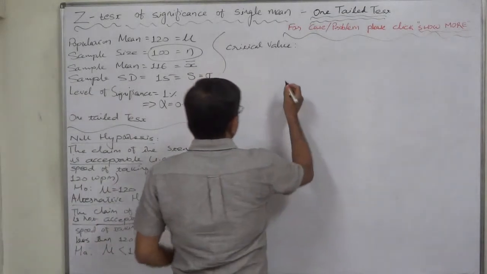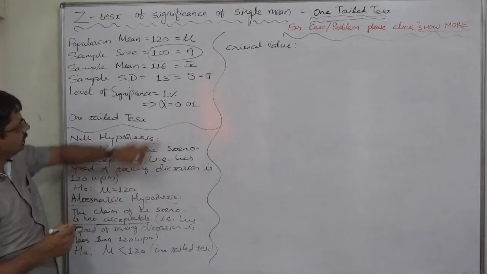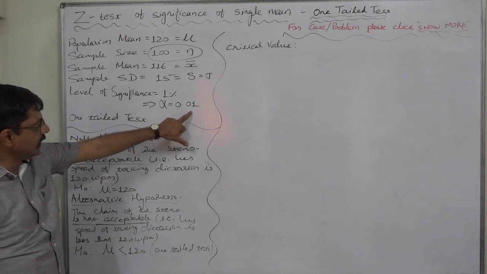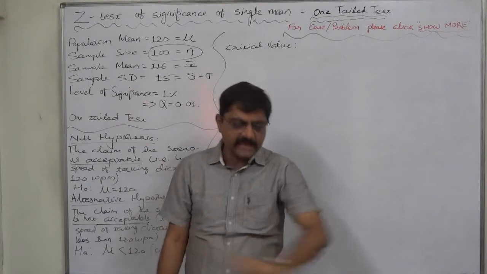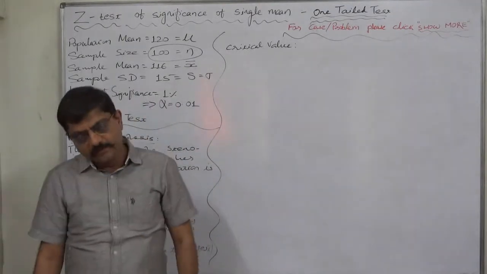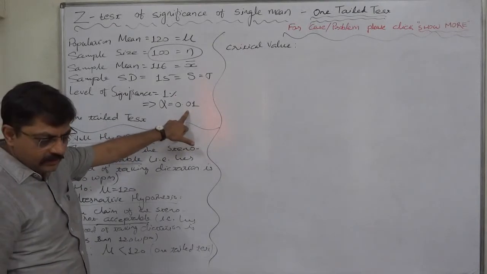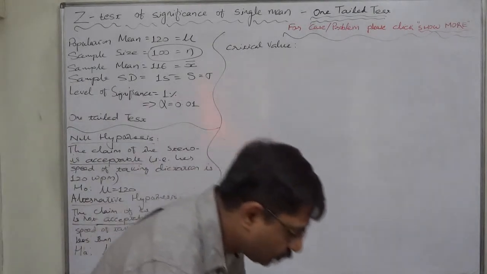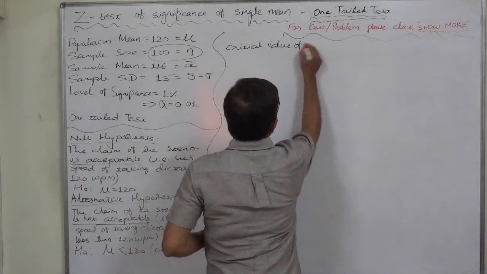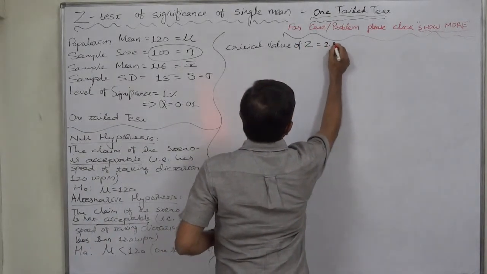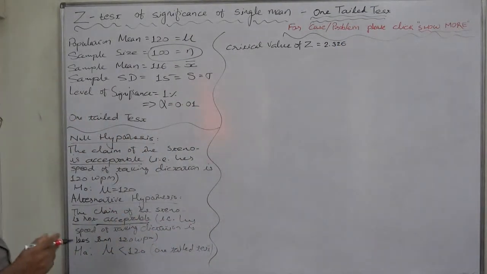Okay, critical value. What is critical value? Alpha 0.01. Take the table of T values, the last row, infinite degrees of freedom, column of alpha 0.01, and the value comes to 2.326.